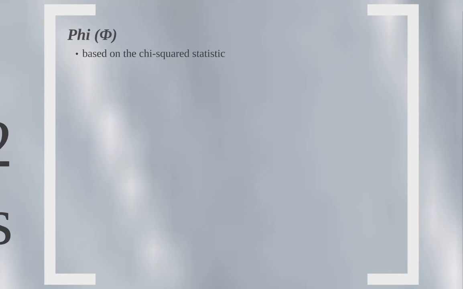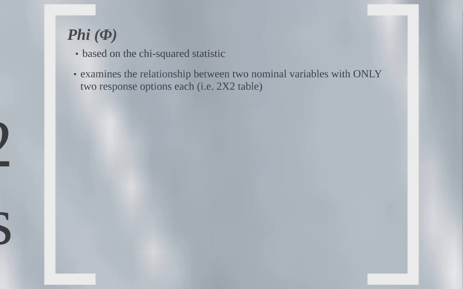You remember the chi-squared, how we had tables with multiple categories, categorical responses. The phi is based on the statistic that we would calculate from chi-squared. What phi does is examine the relationship between two nominal variables with only two response options each.